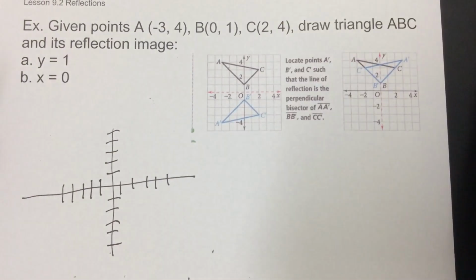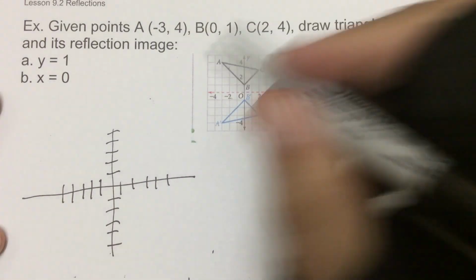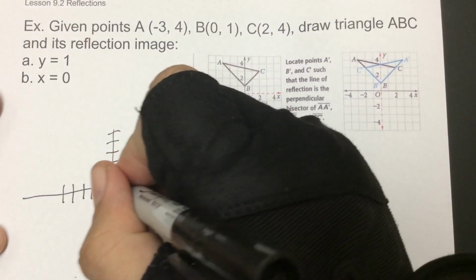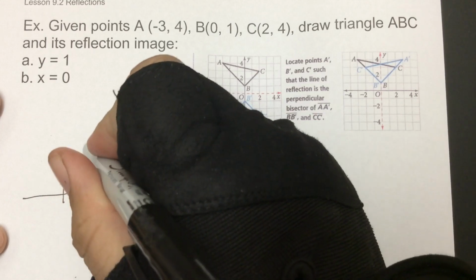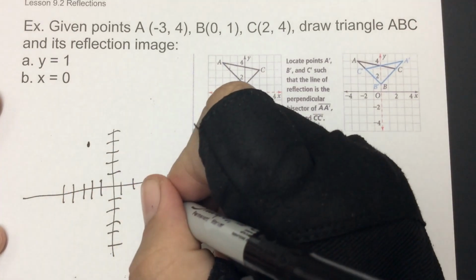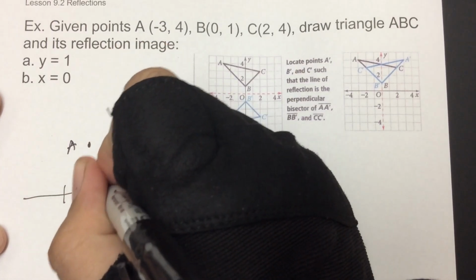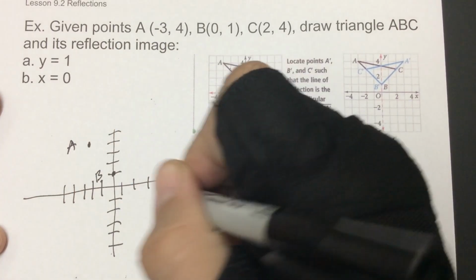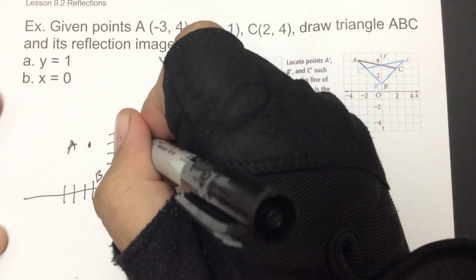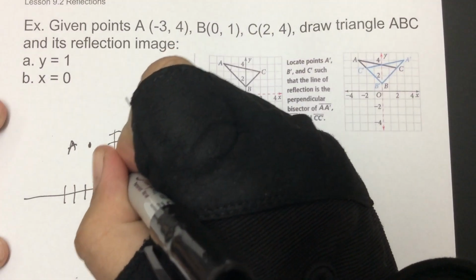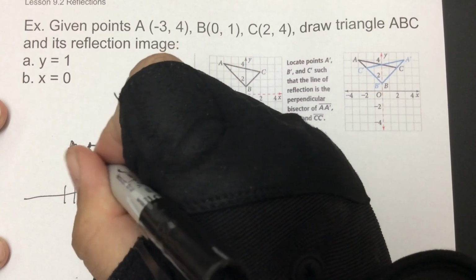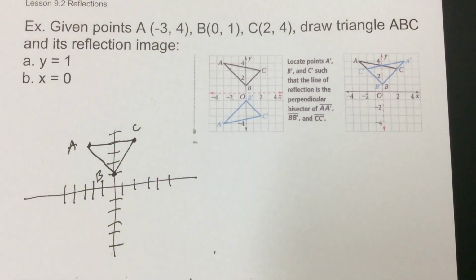My first thing is I'm going to put A, B, and C on here. A is at (-3, 4). B is at (0, 1). And C is going to be at (2, 4). So if I draw this triangle in, that's the triangle I'm working with.